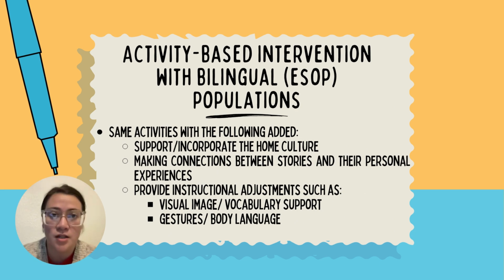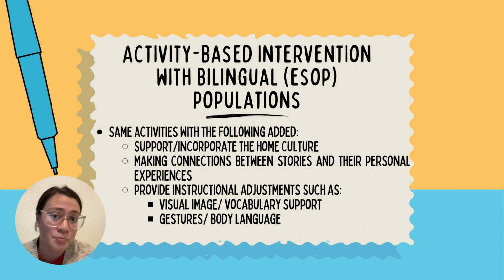Now, specifically for my presentation, I did choose to focus on the bilingual population. A way to adapt those activities to be more culturally appropriate for bilingual students would be finding ways to incorporate their home culture.